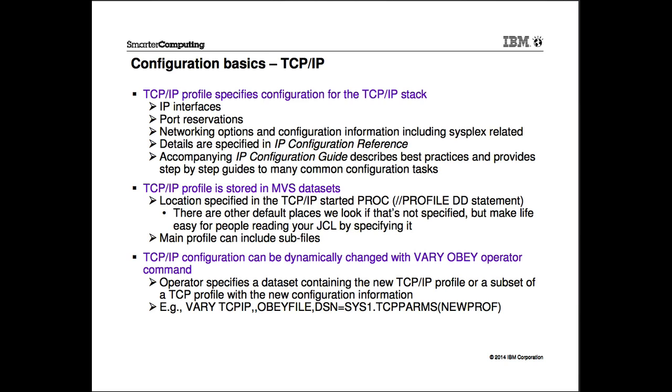So if an operator wants to make a change to the TCP/IP configuration, they can either modify the existing TCP/IP configuration, or they can create a new TCP/IP configuration with only the changes, and then they do a VARY TCPIP OBEY file, specify where the file is, and the changes in that file are applied to the TCP/IP stack. So when you hear people talking about VARY OBEY or obey files, what they're talking about is dynamically changing the configuration by specifying a new configuration file and dynamically applying it.